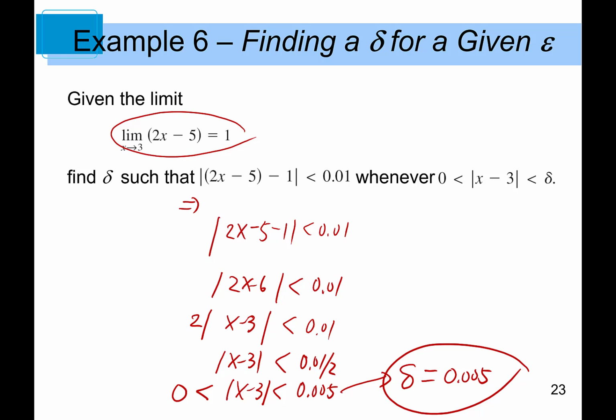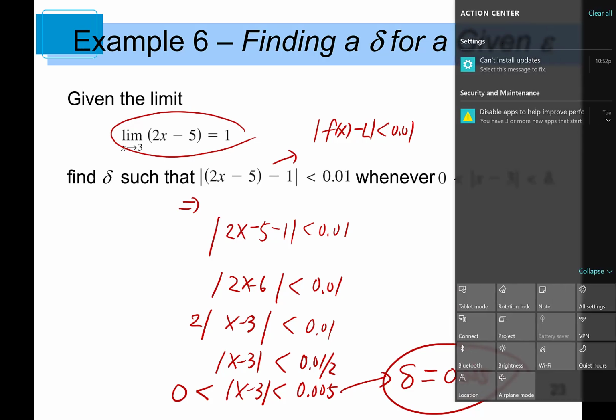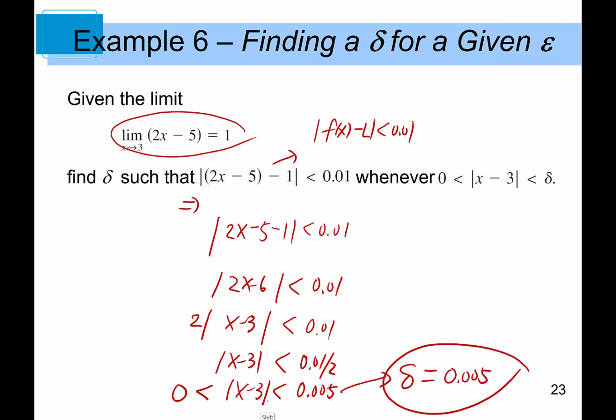As you can see, this typically just becomes the absolute value of f of x minus L, less than 0.01. Now we go back to x minus c. Eventually we end up with the absolute value of x minus c greater than 0, less than delta. That's why we're going from this to this.